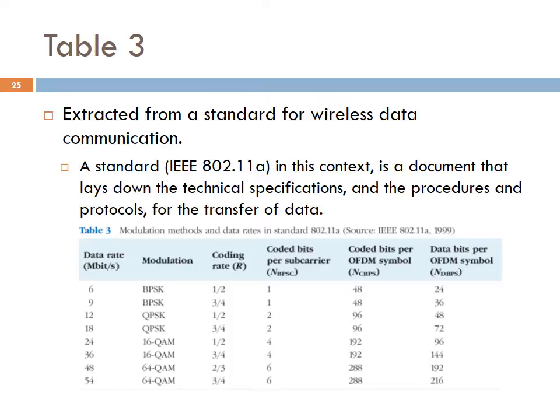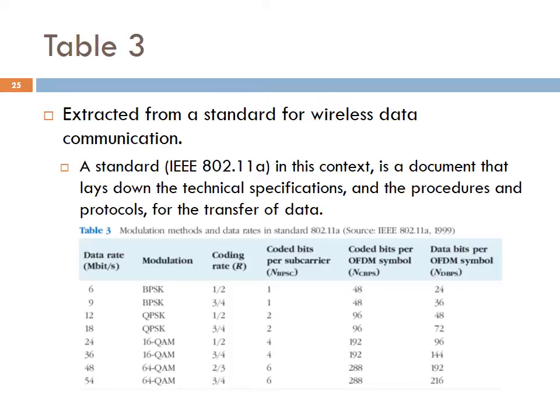You can see in the following table data extracted from the standard of wireless communication, which is IEEE 802.11a. Here we have some specifications that vary, and they have different impacts on the data rate.